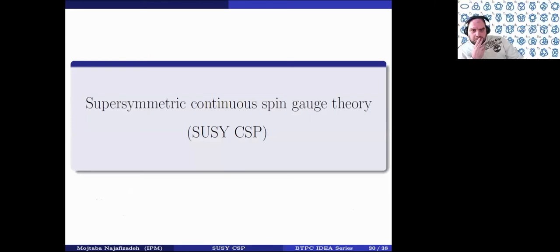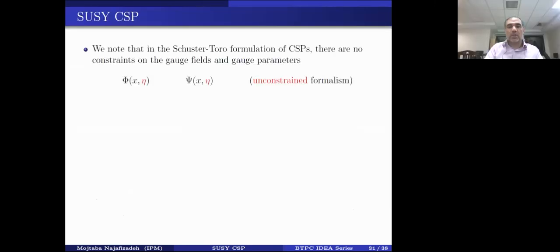Okay, let us go to the supersymmetric continuous spin gauge theory. As I said, in the Schuster-Toro formulation for CSPs, there are no constraints on the gauge fields and the gauge parameters, and we worked in eta space.